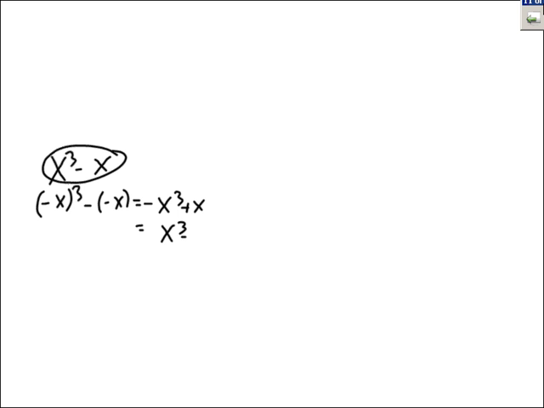x cubed minus x, if you plug in -x for x, you get -x cubed plus x, which is exactly the line above with a minus in front. That's what an odd function is. When you have an odd function, the area is going to be the same.